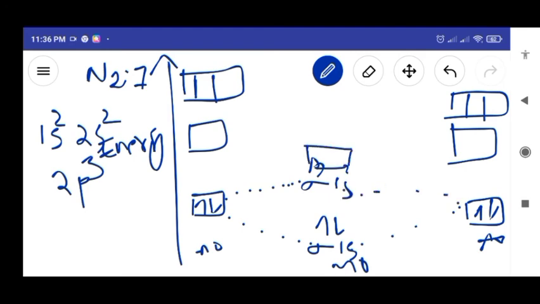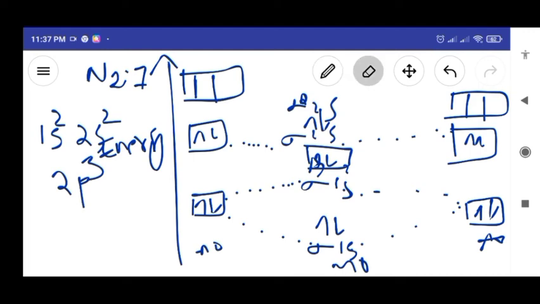Similarly we have to draw like this. Then here will come sigma 2s, and similarly we also have to fill sigma star 2s, because there are electrons left.